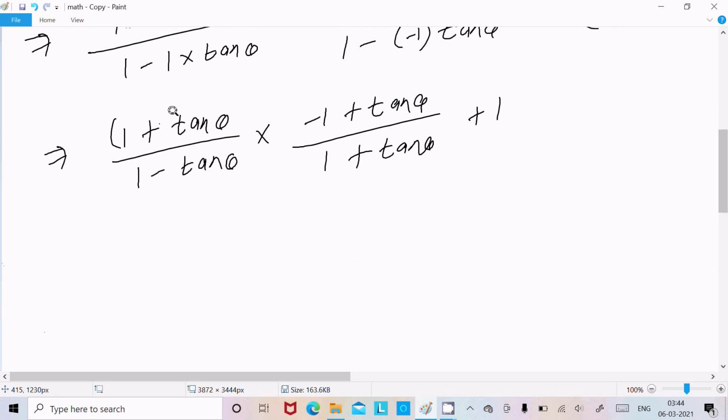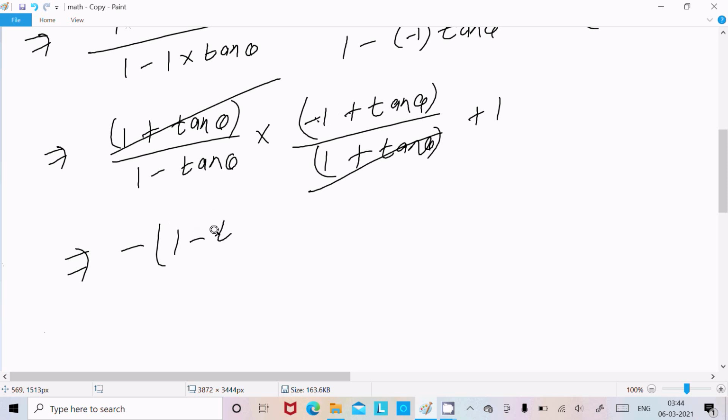And this term and this term both are same. Now from this I'm going to take the minus common. So here this becomes plus and this becomes minus, divided by (1 minus tan θ), plus 1.